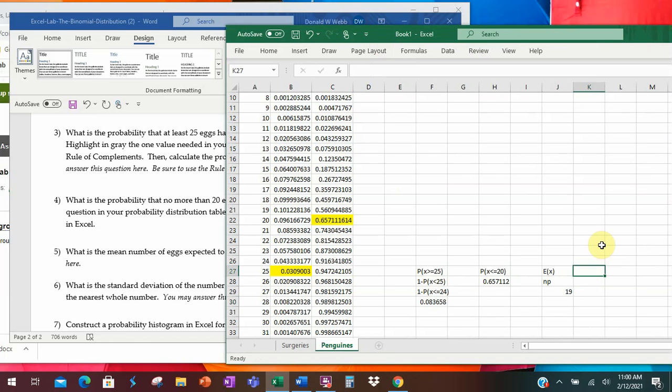So what would be that standard deviation from that mean? And that's going to be the SD. And that again is the SQRT, the square root of NP times 1 minus P. And we're going to have to close that up.